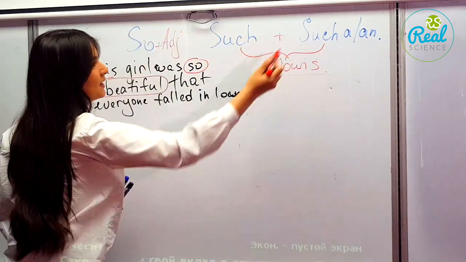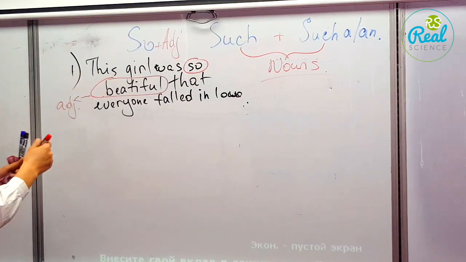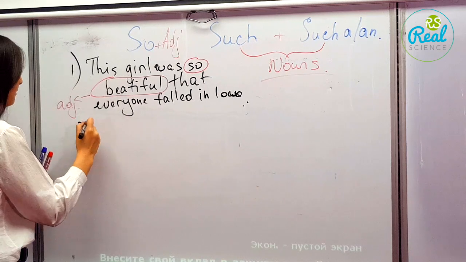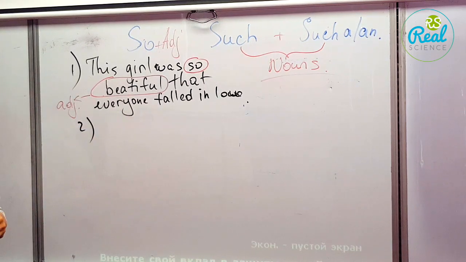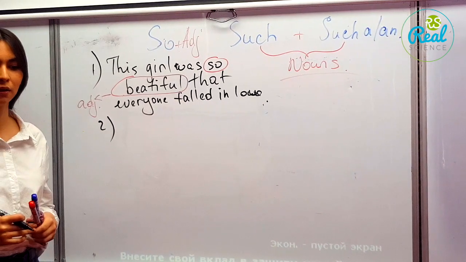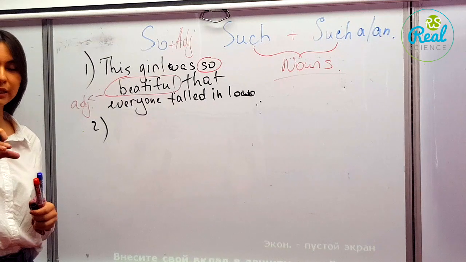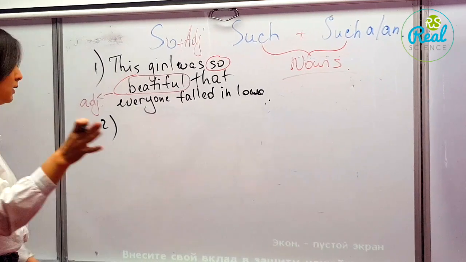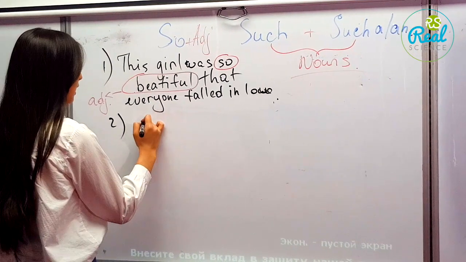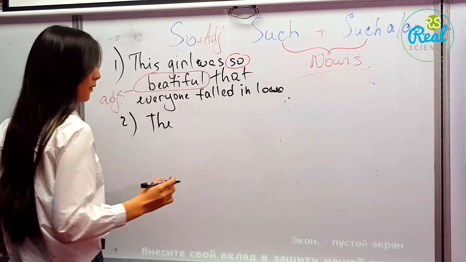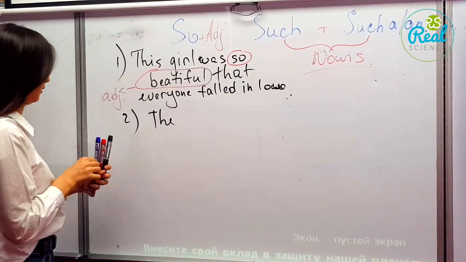So now let's give an example for such and such a. But such we can use for adjectives also, no? Yes, you can, but with this adjective you should use a noun also.